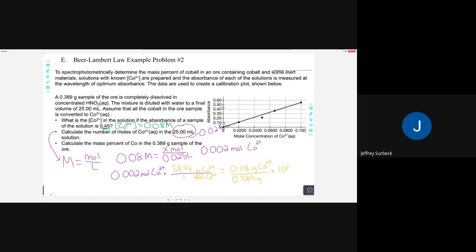Too easy. Okay, so I take 0.118 divided by 0.389. I get 0.30, number keeps going out, and then multiply by 100, and our value here is 30.3% cobalt 2 plus.